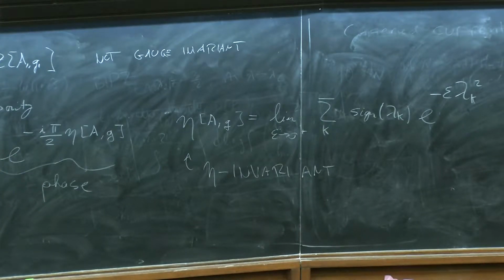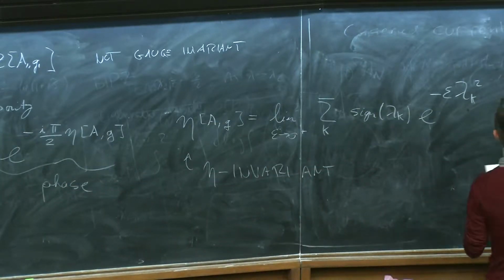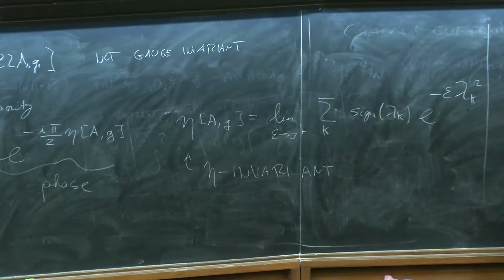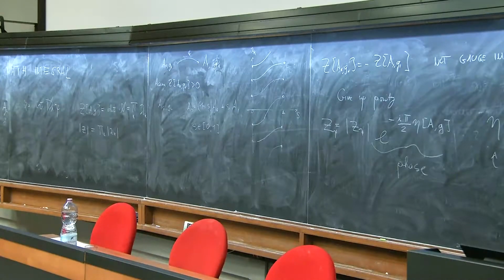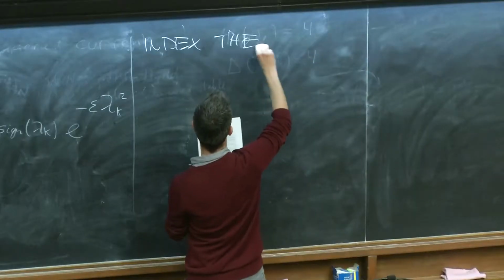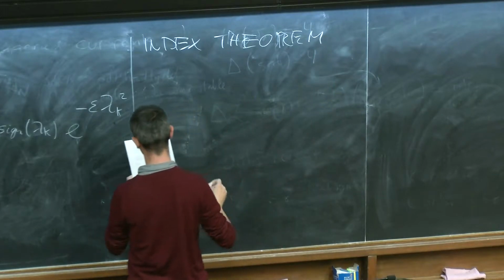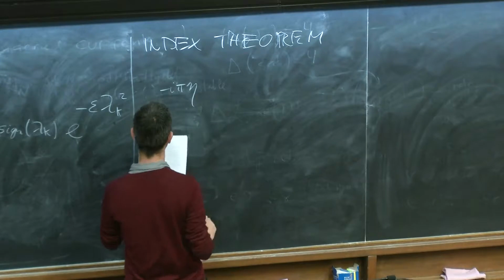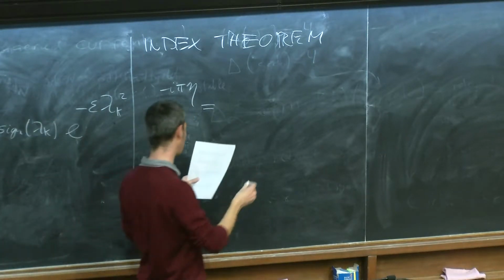Any question? Okay. So what is this object here? Well, the Atiyah-Patodi-Singer index theorem tells us the following: that if we take e to the minus i pi eta, we can express this quantity in terms of Chern-Simons terms.